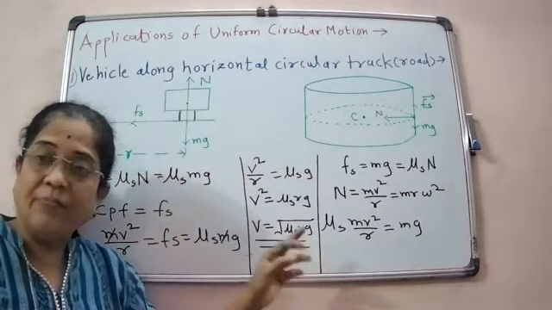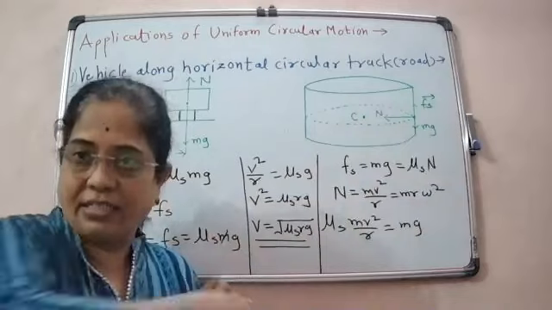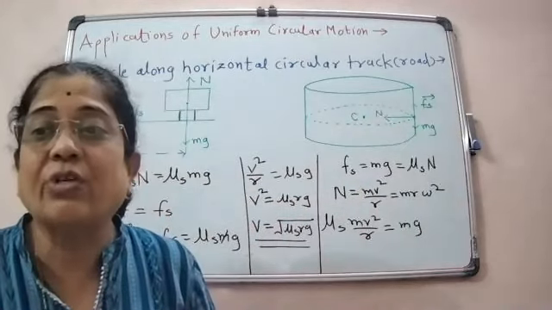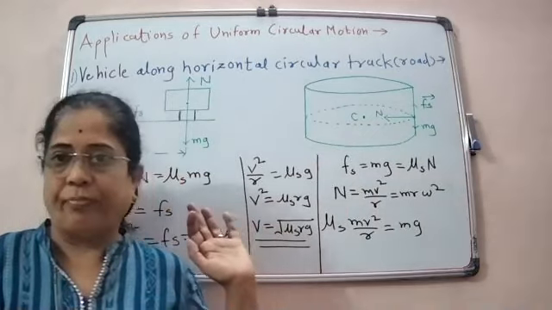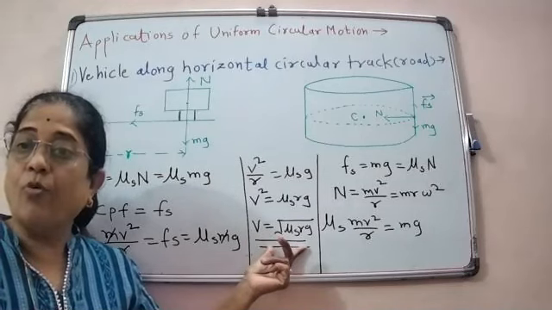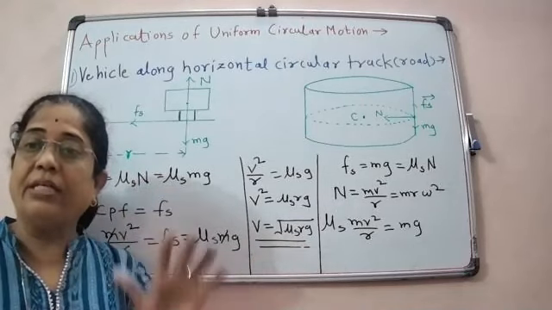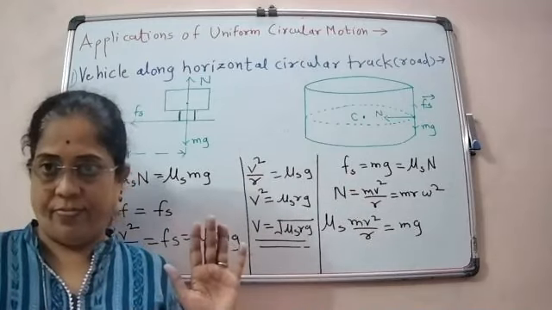What is r? It is the radius of the circular track, and g is the acceleration due to gravity. So this is the formula for most safe speed when a vehicle is moving along a horizontal circular road.